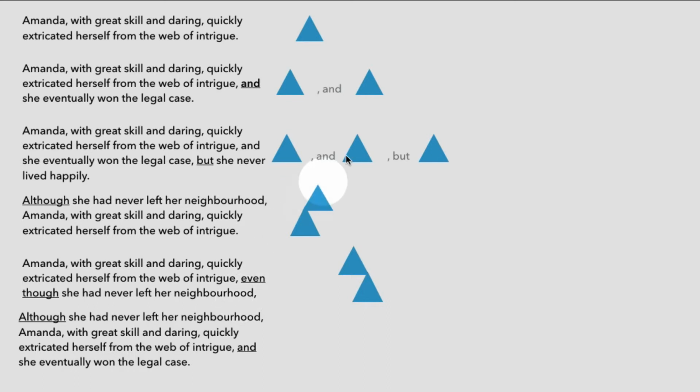Now let's have a look at this pattern here. What's taking place here? Here we have a pattern that looks like this. We have, although she had never left her neighborhood, Amanda with great skill and daring quickly extricated herself from the web of intrigue, and she eventually won the legal case.